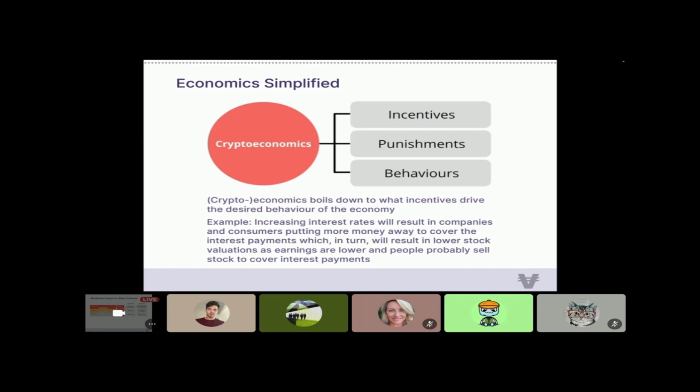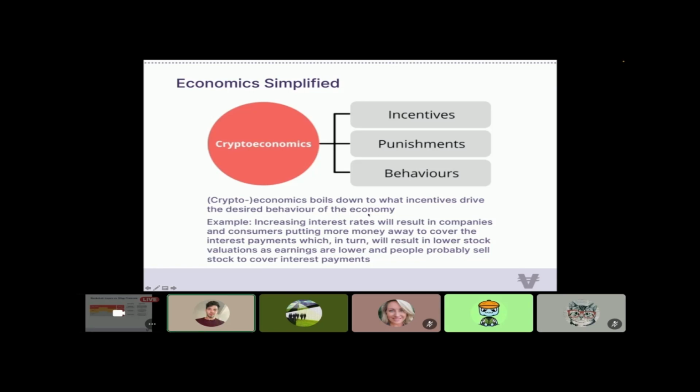That's quite an extensive topic nowadays, and it will result in companies and consumers putting more money away to cover the interest payments. This is one example of how incentives drive the desired behavior. I'm not sure if spending money on paying interest is desired, but that's what the Fed tries to do.